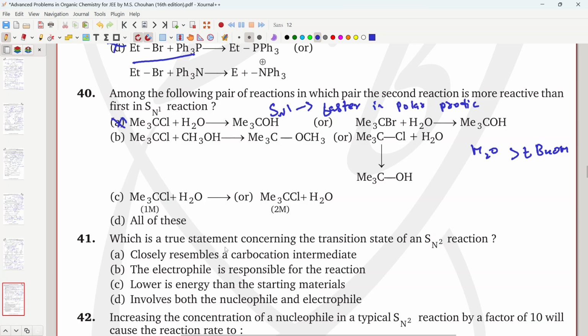Tertiary butyl fluoride in methanol versus tertiary butyl bromide in water. SN1 depends on leaving group and solvent polarity. Br minus is greater than Cl minus, and water is more ionizing than methanol. So option B.